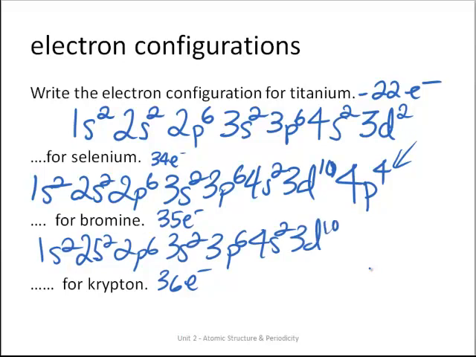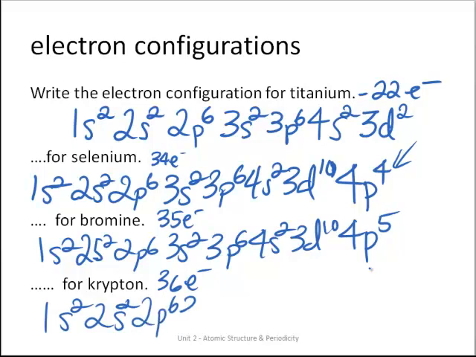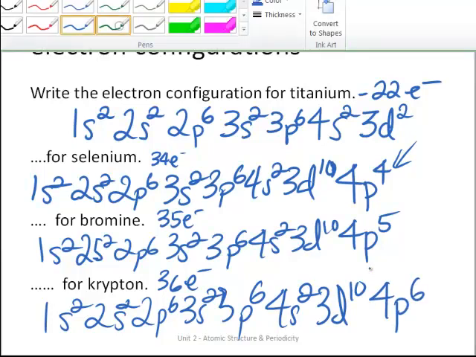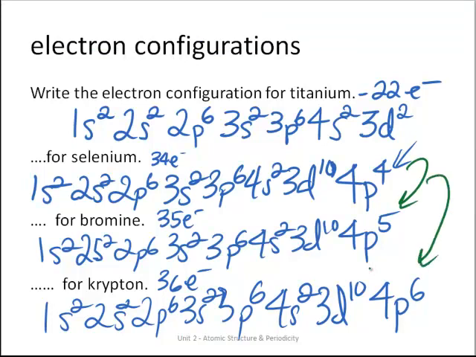And instead of only having 4 electrons in the 4p orbital, bromine has 5. Krypton has 1 additional electron compared to bromine, so the process will be the same. We fill up from the bottom: 1s2, 2s2, 2p6, 3s2, 3p6, 4s2, 3d10, and finally 4p6. As you can see, each additional electron just went into the highest energy level. 4p6 is the ending for krypton, and the p orbitals can hold 6 electrons.